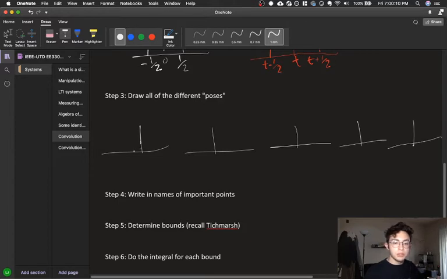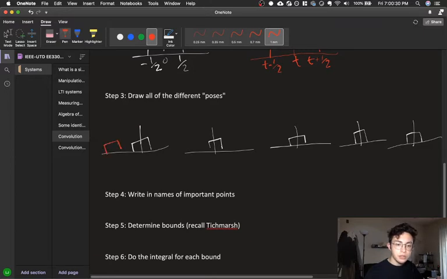Let's pretend all of these are some box that we're keeping static, and we're flipping and shifting our h.